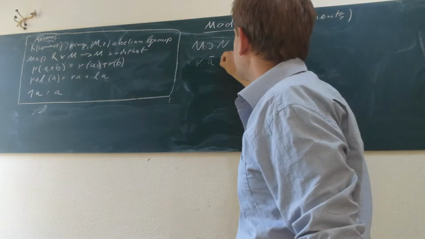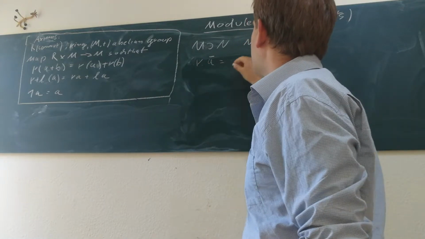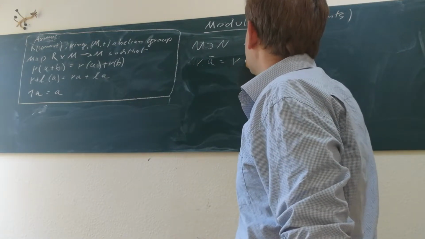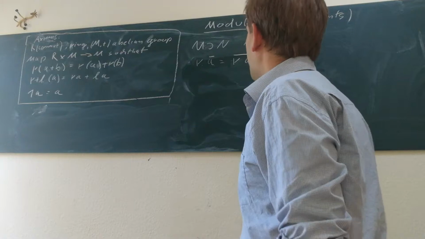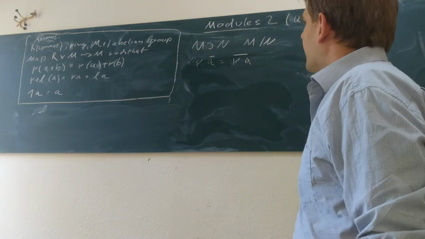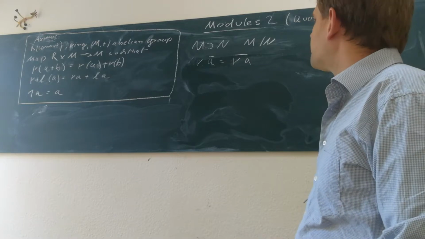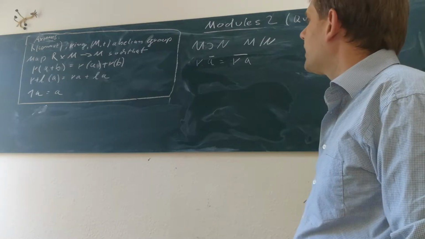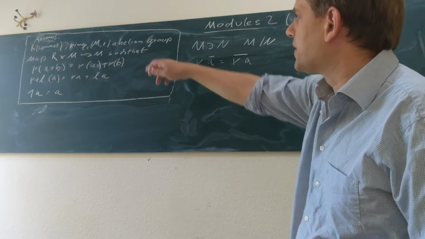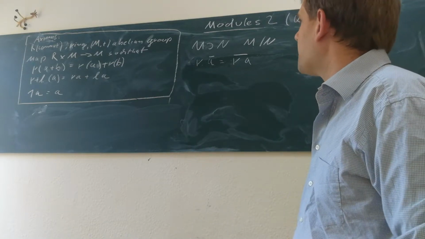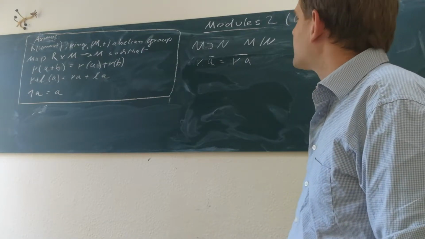So we define this in the following way. We say R times A bar is just R times A, bar. And again we need to check that this fulfills the axioms.